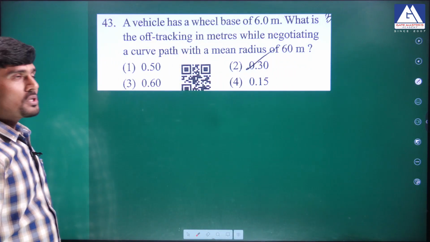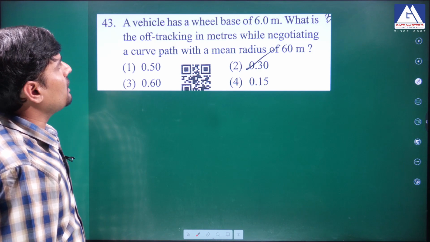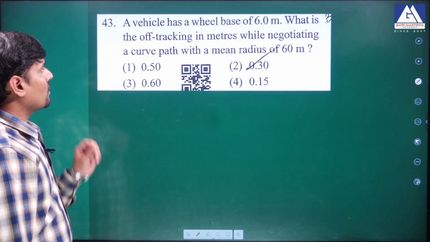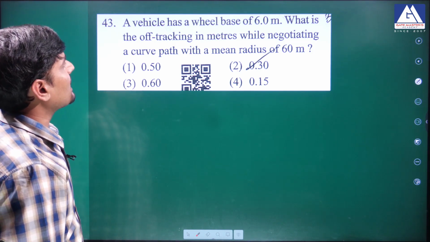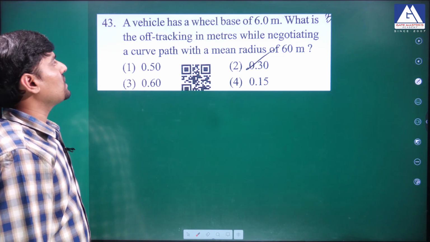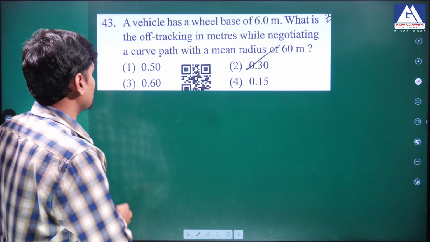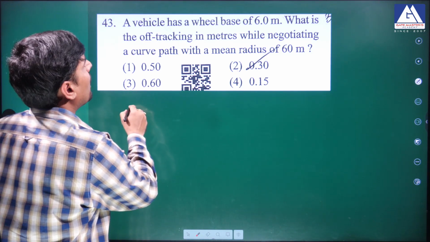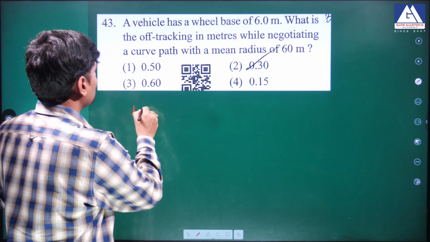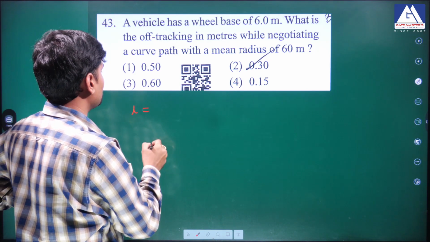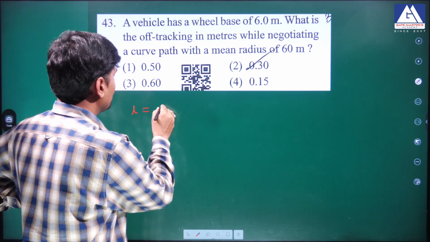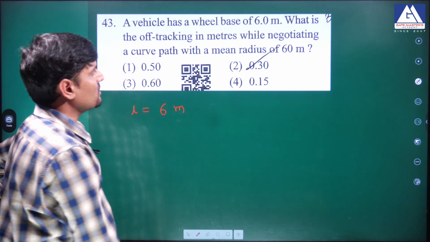Question number 43. A vehicle has a wheelbase of 6 meters. What is the off tracking in meters while negotiating a path with a mean radius of 60 meters? Here a wheelbase is given. Usually in transportation engineering, wheelbase is denoted by small l, so it is given as 6 meters.